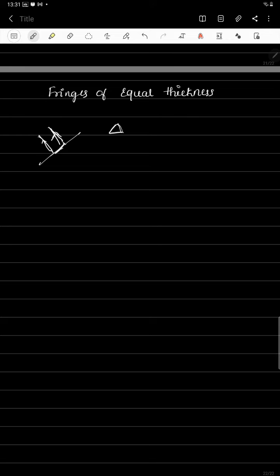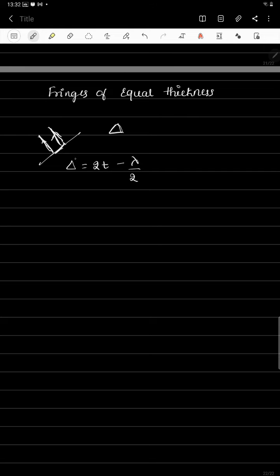If the light falls normally on the air film, the optical path difference between the two reflected rays from the two surfaces of the air film, as we have already derived, is equal to 2t minus lambda by 2.